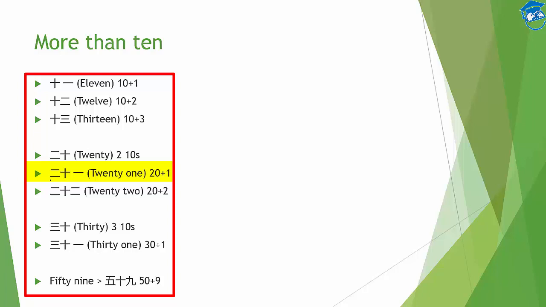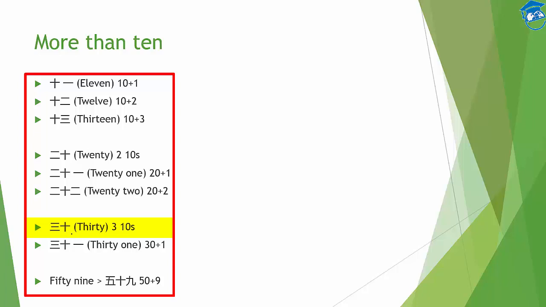Okay? 2 tens and 1. What about 22? It's similar. It's 20 plus 2, so it's 22. 2 tens and 2. And then 30 is 3 tens.